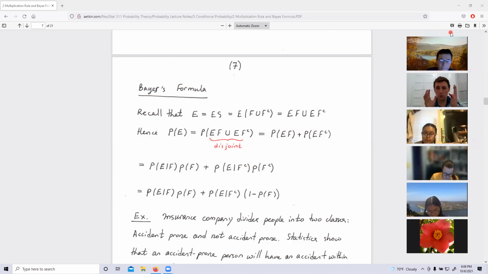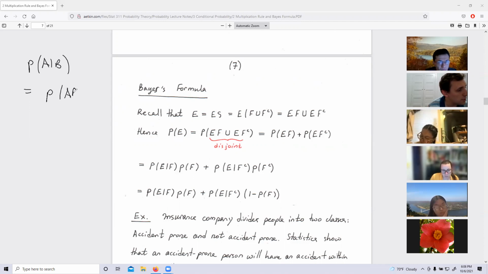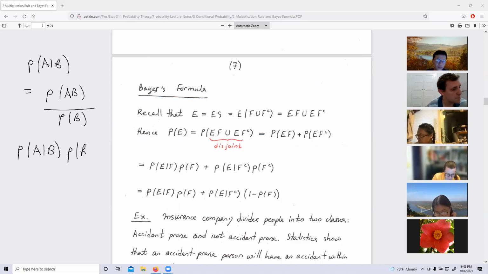You just have to train yourself to very quickly convert this event. The probability of A given B is the probability of AB divided by the probability of B. Which means that the probability of A given B times the probability of B is always the intersection.